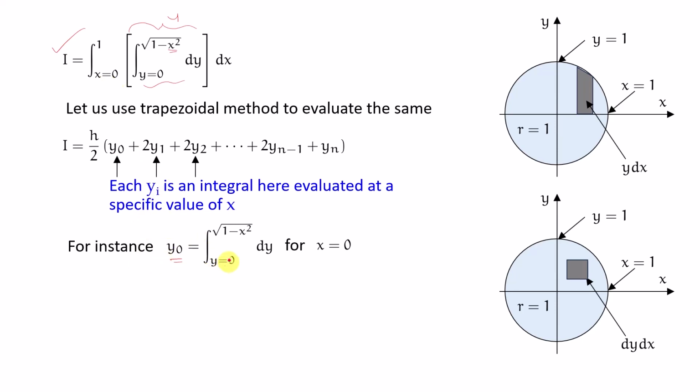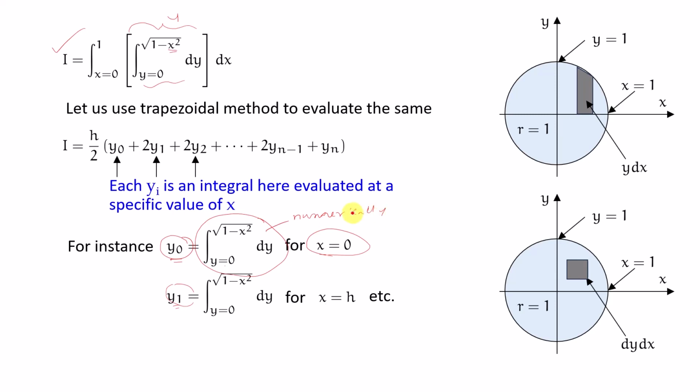This integral, y from 0 to root over 1 minus x square, for x equals 0. This is one particular x. Similarly, y1, y equals 0 to root over 1 minus x square for x equal to 0 plus h, and so forth. This is how, when we evaluate each of these, we have to evaluate this integral. This is once again numerically we have to evaluate the integral.